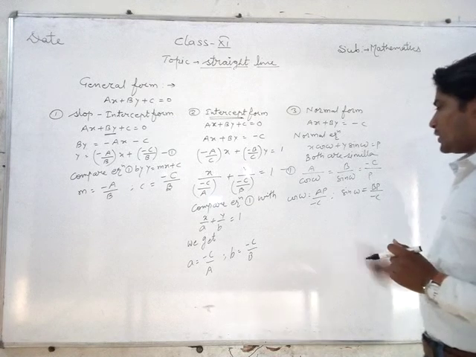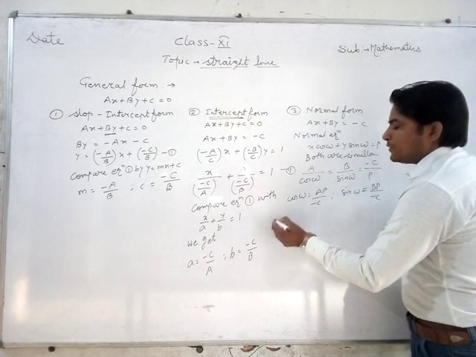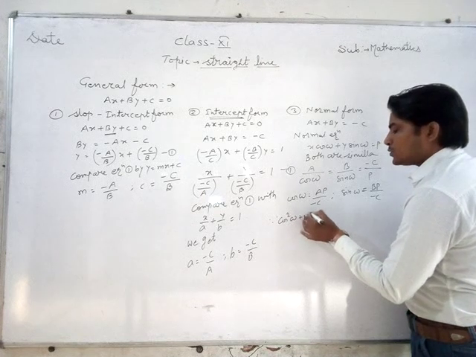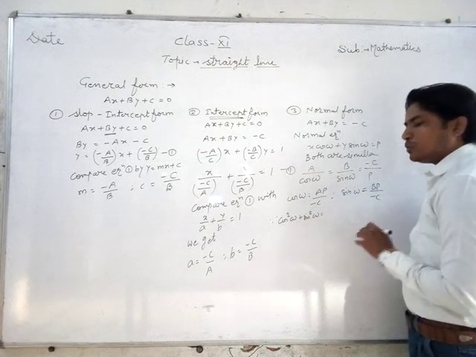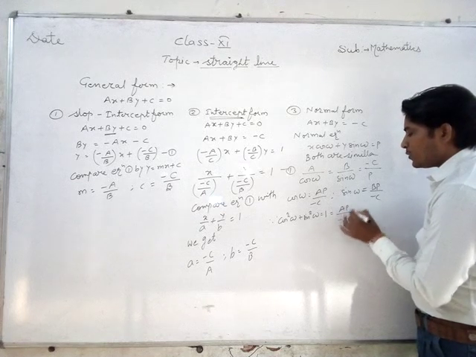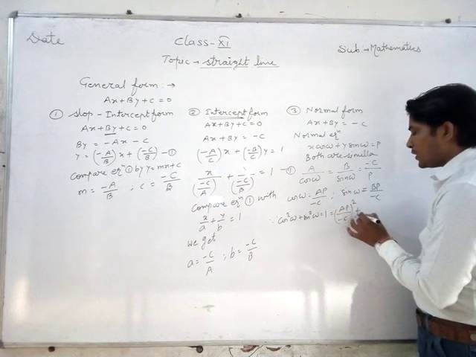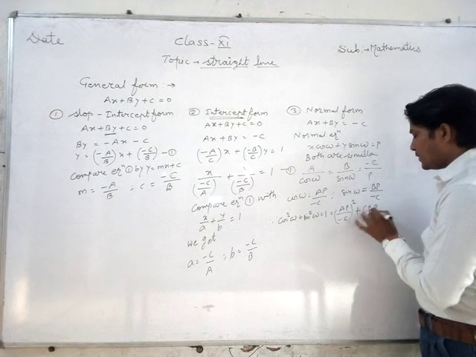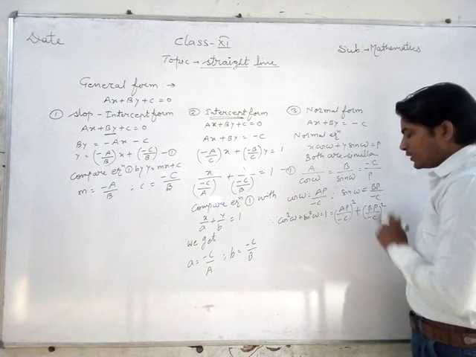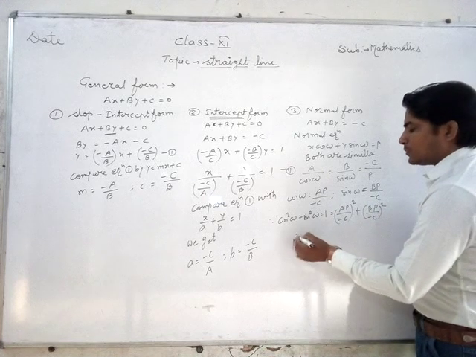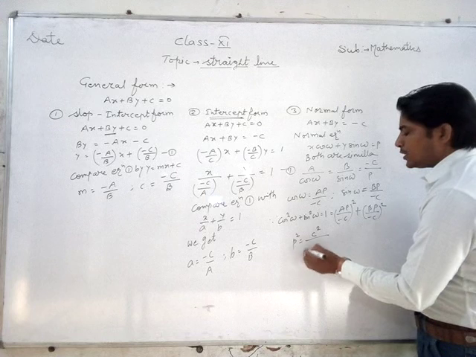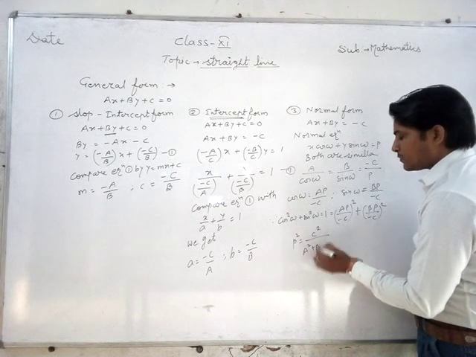Is it clear? We know that cos square omega plus sin square omega equal to 1. So ap upon minus c the whole square plus bp upon minus c the whole square equal to 1. So here we get p square equal to c square upon a square plus b square.